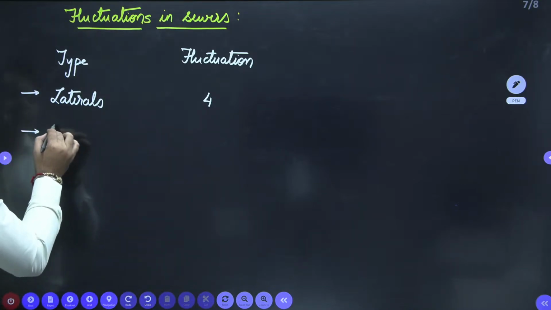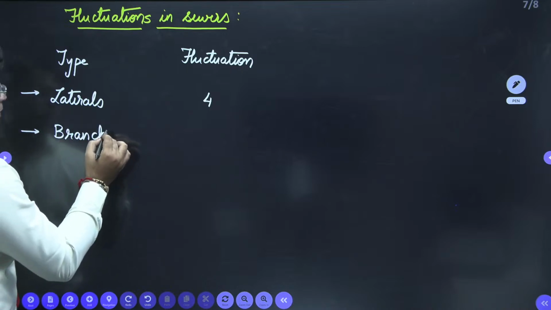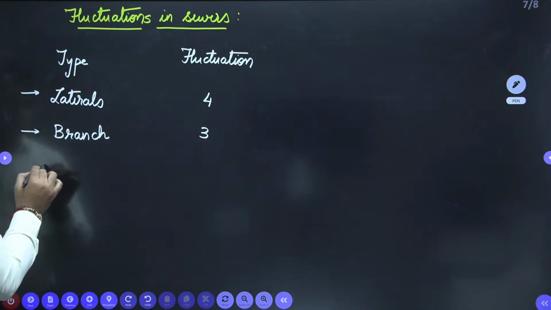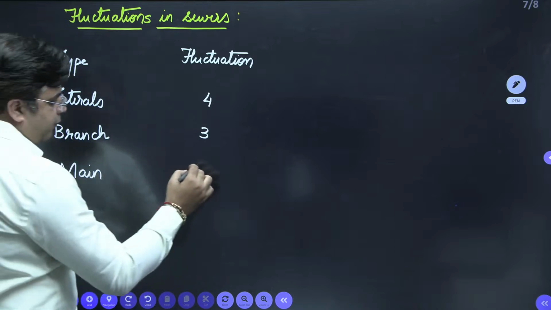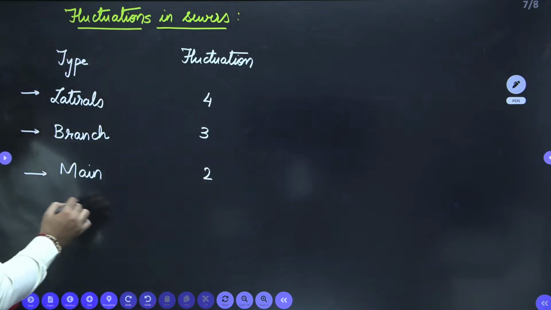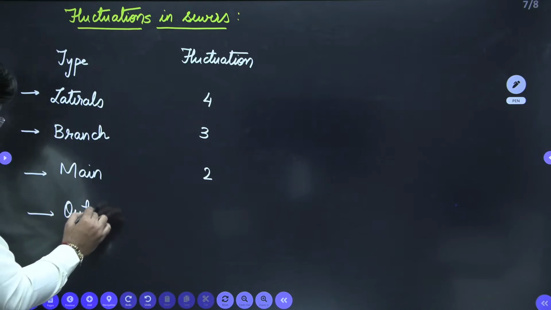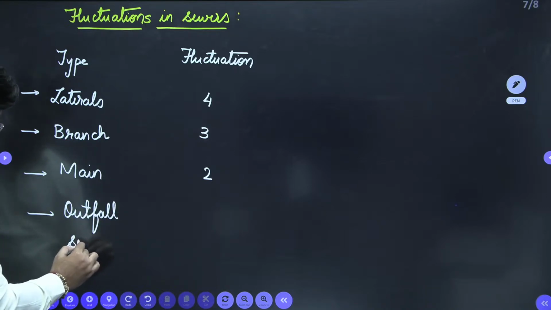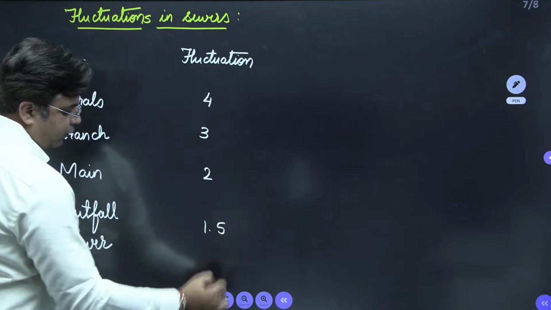Next one is your branch sewer. For branch sewer, fluctuation is 3. For main sewer, fluctuation is 2. And for the outfall sewer, fluctuation is 1.5.